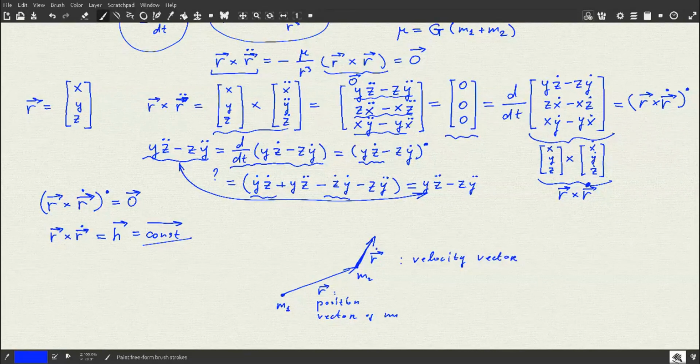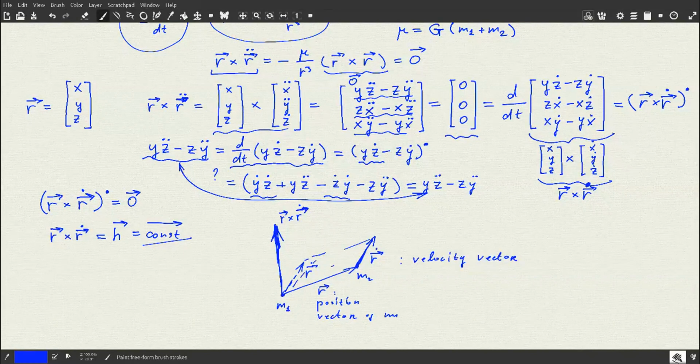What we can say geometrically is that obviously I can do a parallel translation of r dot so that the beginnings of both vectors are the same. This is also r dot, right? Then the vectors r and r dot define a certain plane, and the vector r times r dot is orthogonal to that plane.